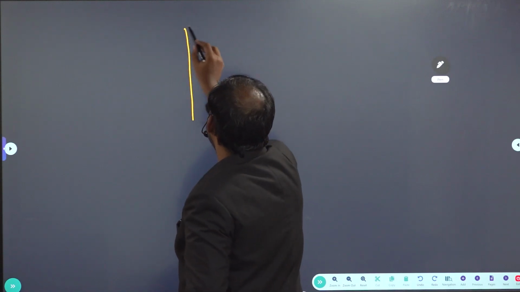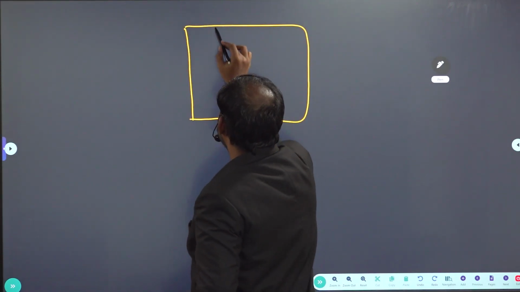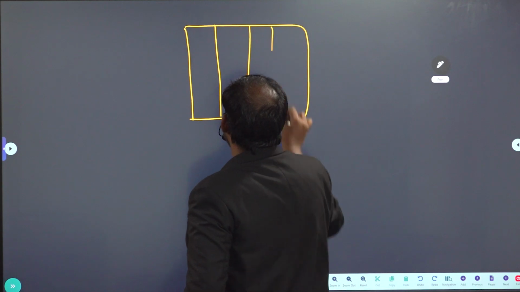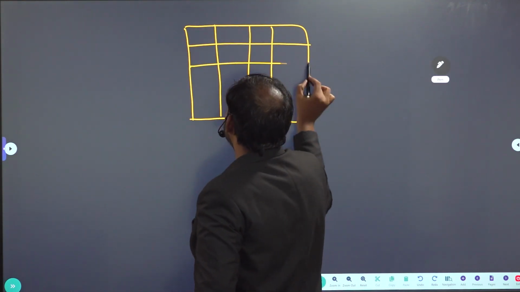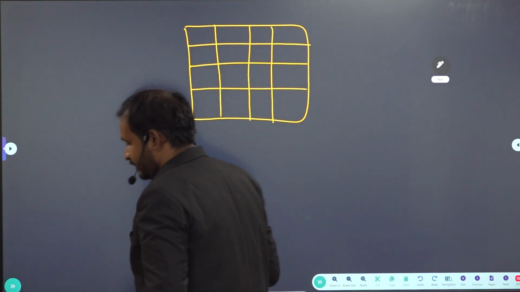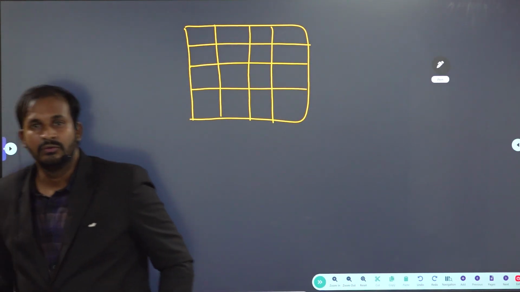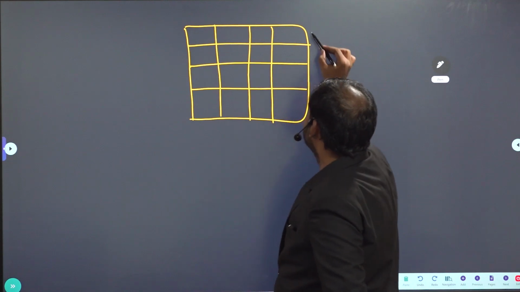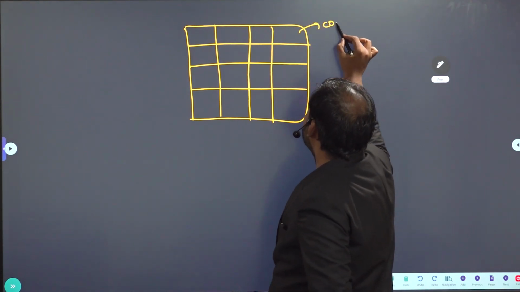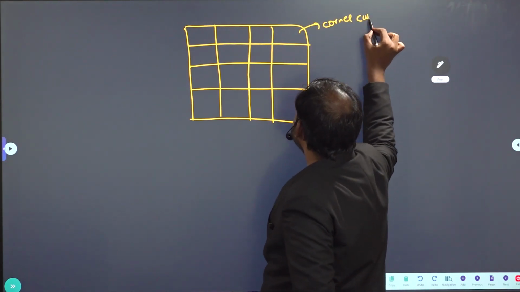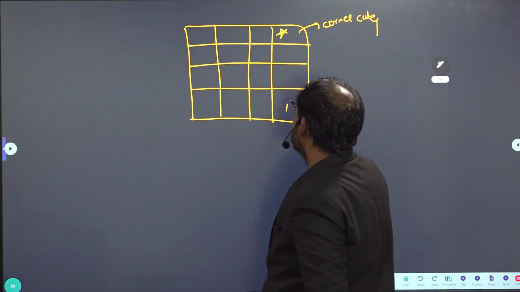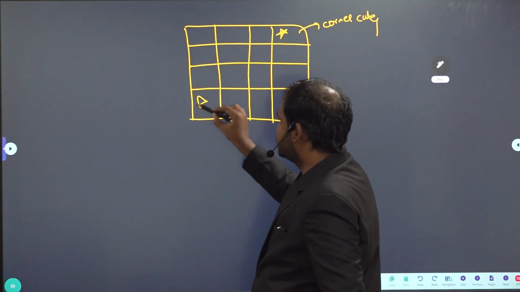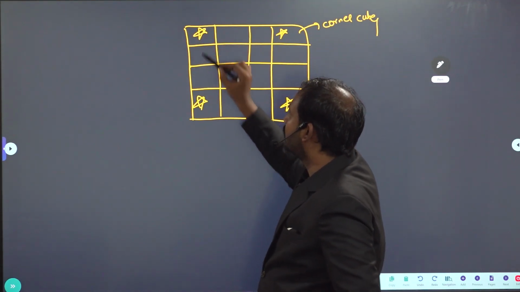Let us assume that there is one face of the cube, cut in this manner. Now please see here, students, these are called corner cubes. What are called corner cubes? I will indicate it with a star. This star symbol one are called corner cubes.